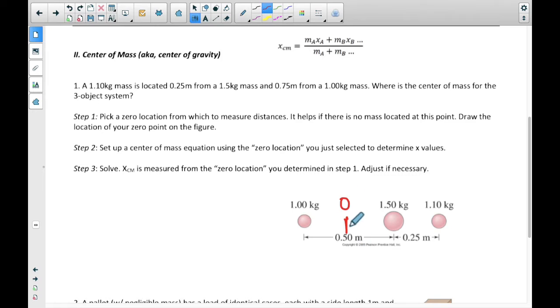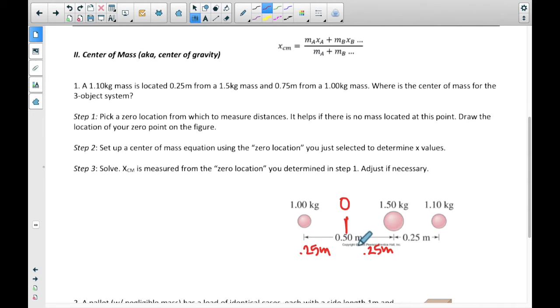If that's my 0 point, then from here to here is 0.25 of a meter, and then here to here is another 0.25 of a meter, and then here to here is another 0.25 of a meter. That way we've split it up easily mathematically. It's not the middle, I know, but I wanted to pick somewhere that was easy to do mathematically and that had no mass at it. Okay, so that's my 0 point.